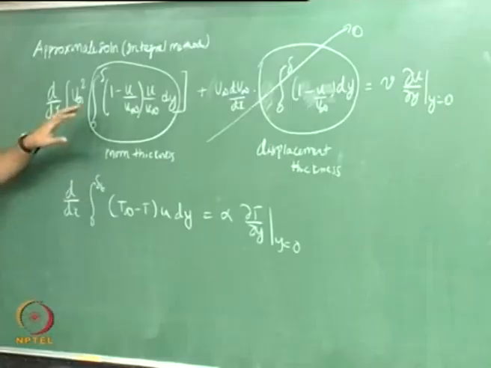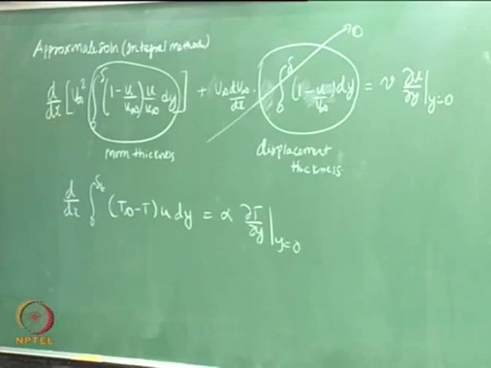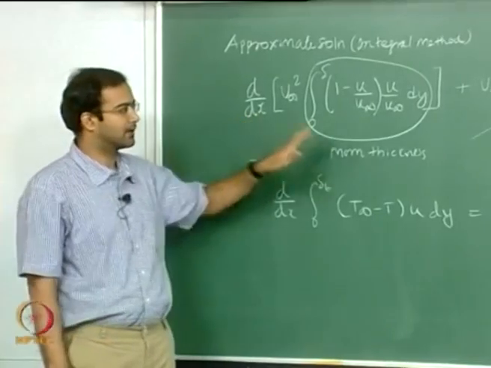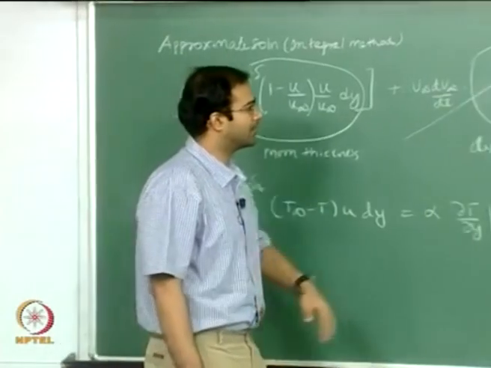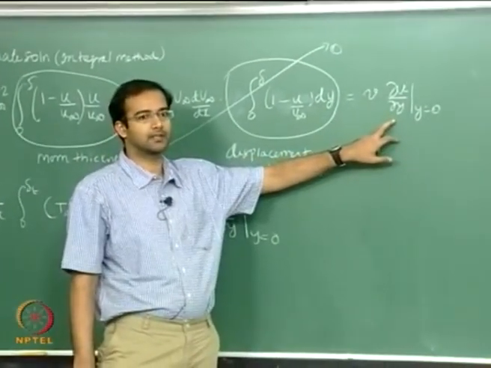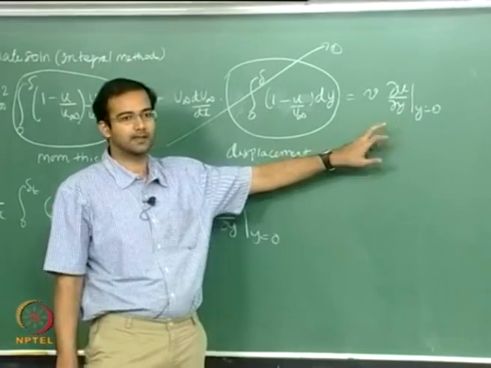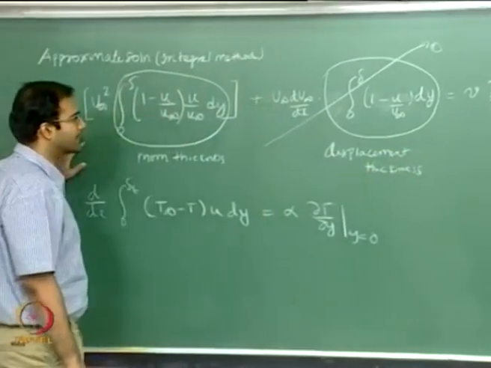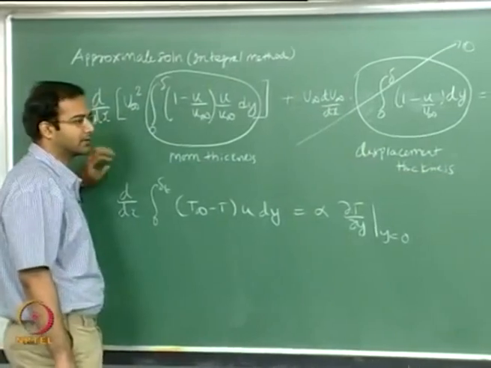So you will have only the momentum thickness. The rate of change of momentum thickness along the axial direction will balance the shear stress, which is the wall shear stress basically. So this is the momentum integral equation, a very important equation.